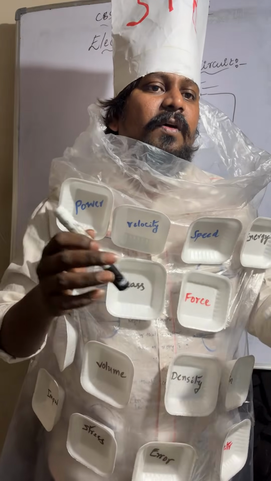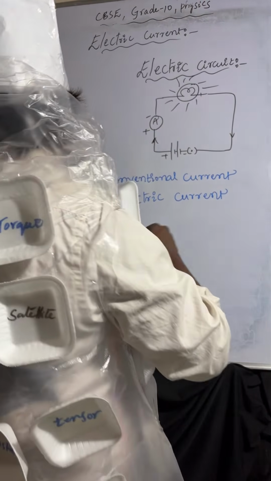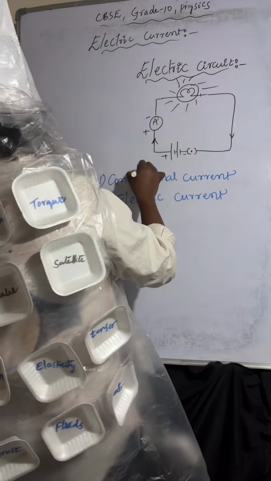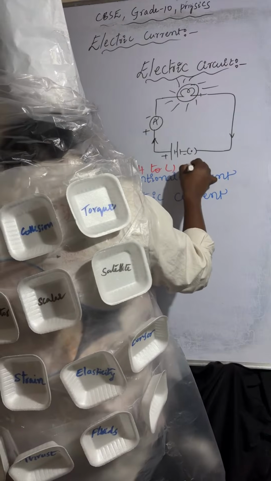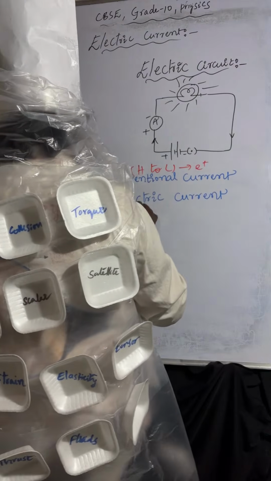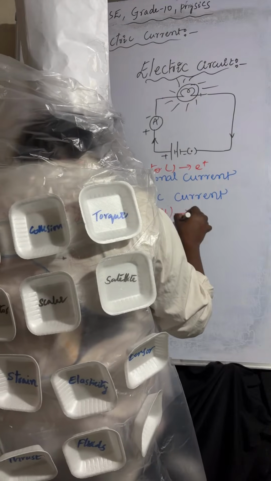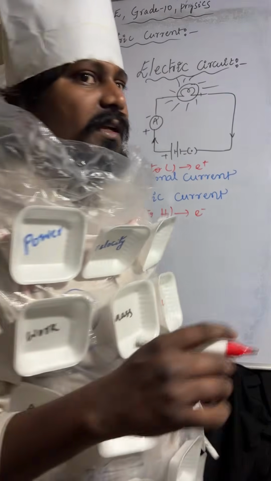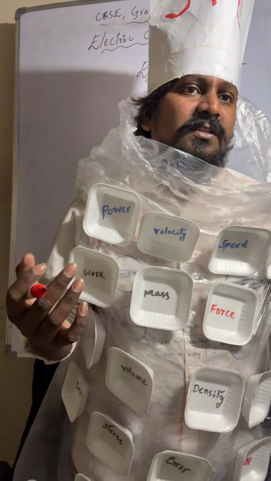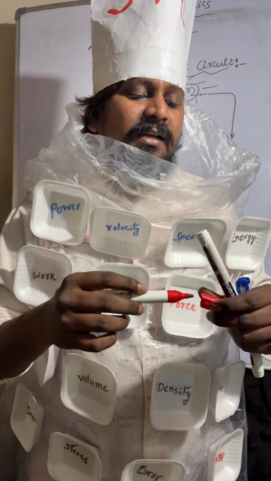Understood? So positive charges are moving from high potential to low potential, whereas electrons are moving from low potential to high potential. So why are we saying conventional current and why are we considering the electric current?